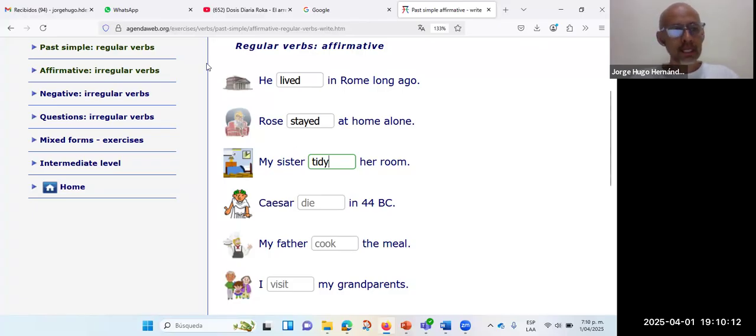Let me see. Tidied. Oh my God, Paola and Victor, that's not correct. Not yet. That's correct, tidied. Look at this. Tidy, present. Tidied, past.